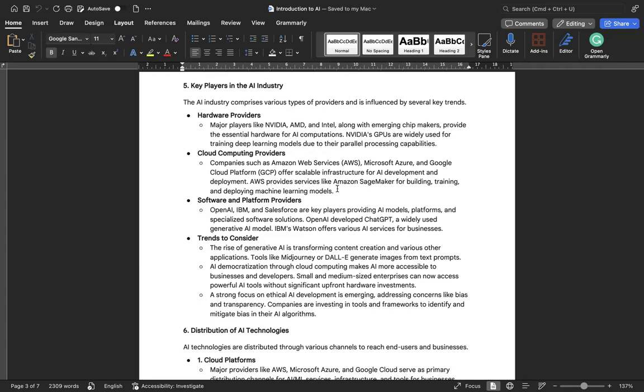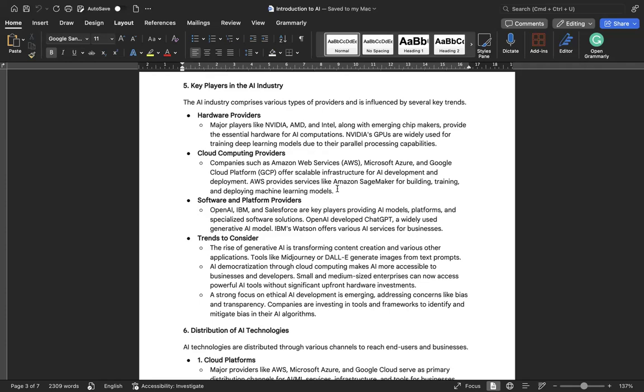And artificial intelligence democratization through cloud computing makes AI more accessible to any business and any developer, from small businesses to medium and large enterprises. Enterprises of any size can now easily access these powerful artificial intelligence tools without significant upfront hardware investments.